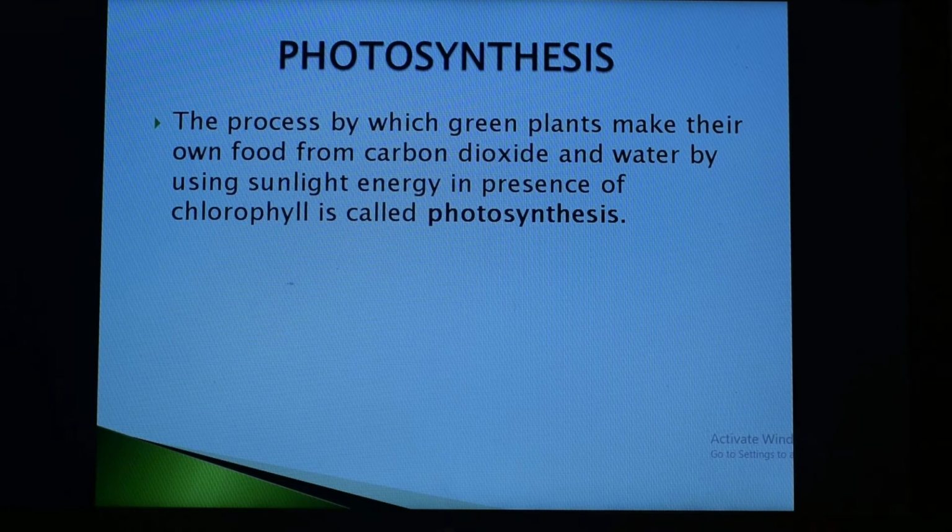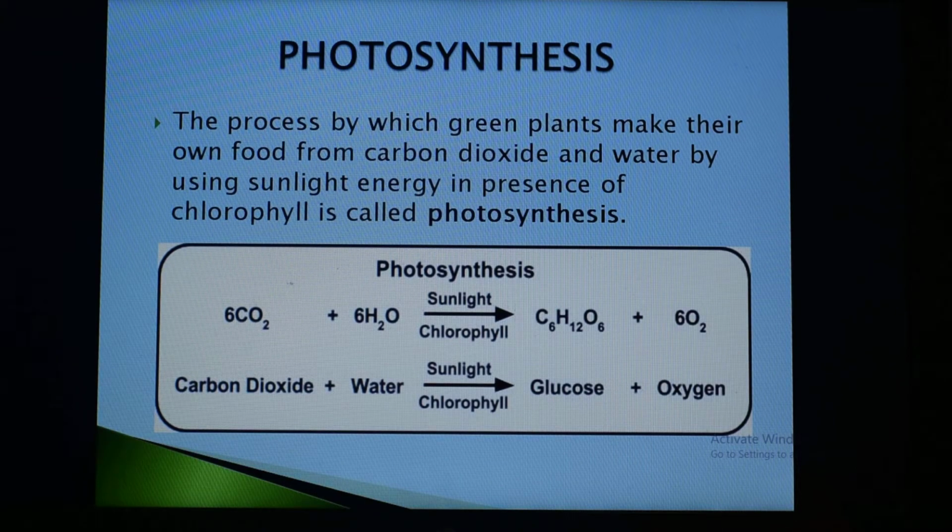We can now define photosynthesis and represent it by a word equation as follows. Carbon dioxide from air, water from soil, in the presence of sunlight from the sun and chlorophyll present in the leaves, form glucose, that is a form of sugar, along with oxygen.